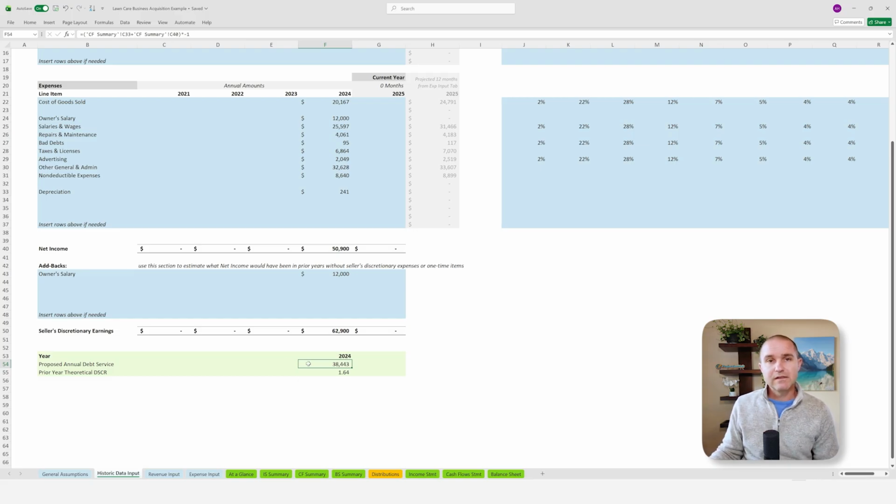What the lender is going to be looking for is to make sure that you have sufficient cash flow, from the seller's discretionary earnings, to be able to cover the debt service. What we saw here was $1.64 of cash flow for every dollar of annual debt service, which is above the typical minimum of 1.25. So you need to be at 1.25 or above on that debt service coverage ratio.